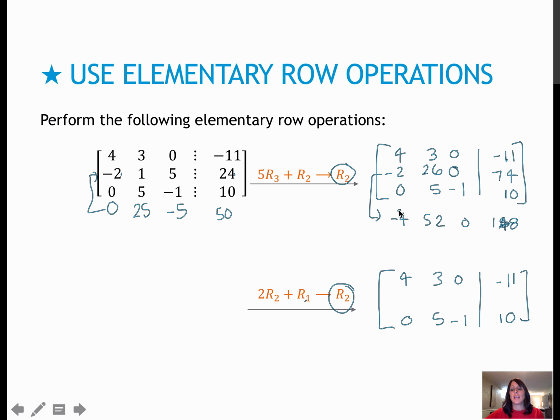So 4 plus negative 4, which is 0. 3 plus 52, which is 55. 0 plus 0, which is 0. I lost my place. So 0 plus 0, which was 0. And negative 11 plus 148, which is 137. So those are my operations.